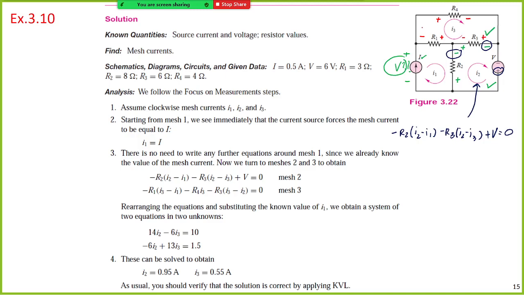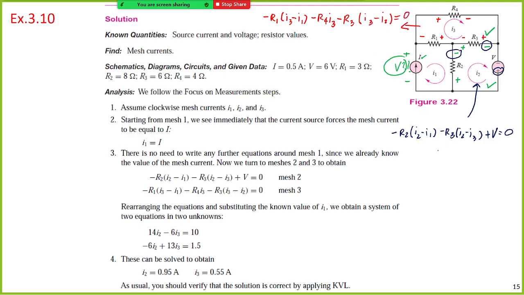And then start with R1: minus R1 (I3 minus I1), and minus R4 I3, and minus R3 (I3 minus I2) equal to 0.